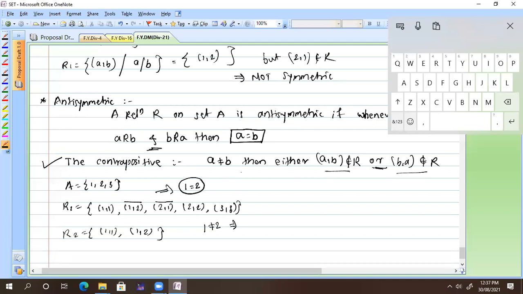If A is not equal to B, then either this condition or this condition should be true. Here 1 is not equal to 2 and (2, 1) does not belong to the relation. Are you getting what it implies? It is antisymmetric.